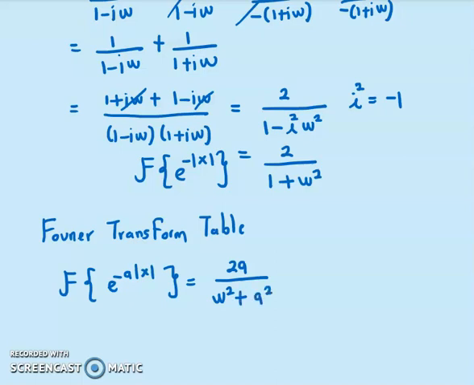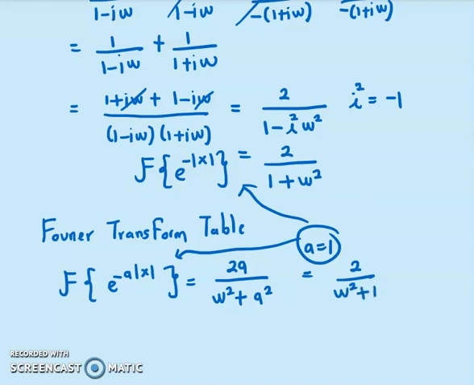Now by comparison, my a is 1 by comparing this with this. So when a is 1, you should get the same answer. Okay, so if the Fourier transform table is not given, you use the definition, but if the table is given, you just use the table.